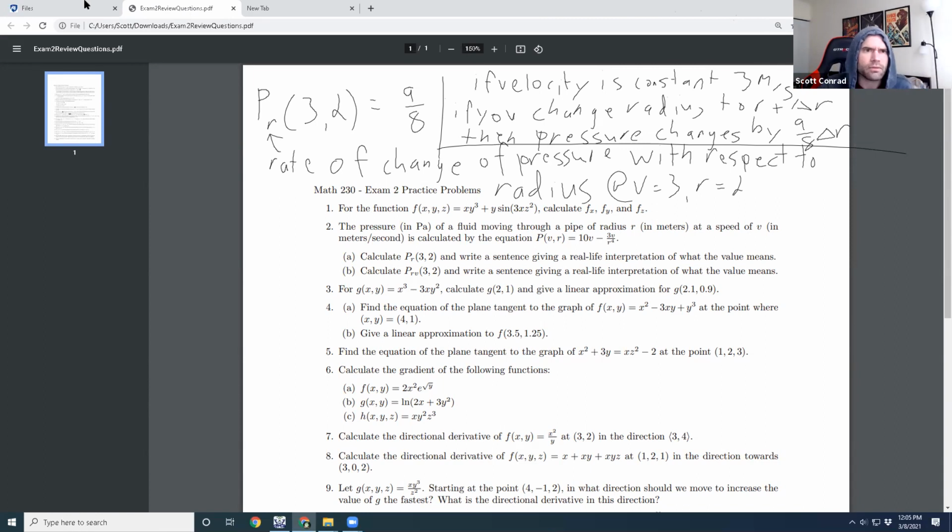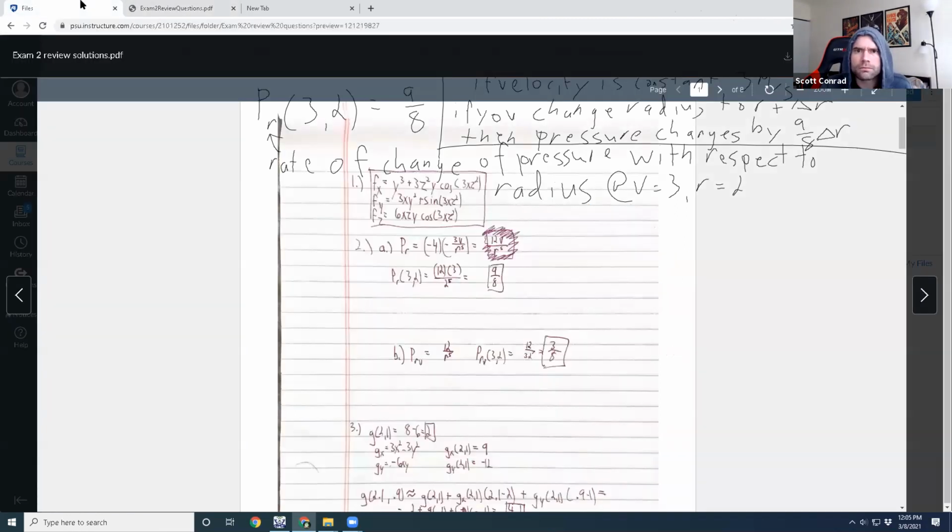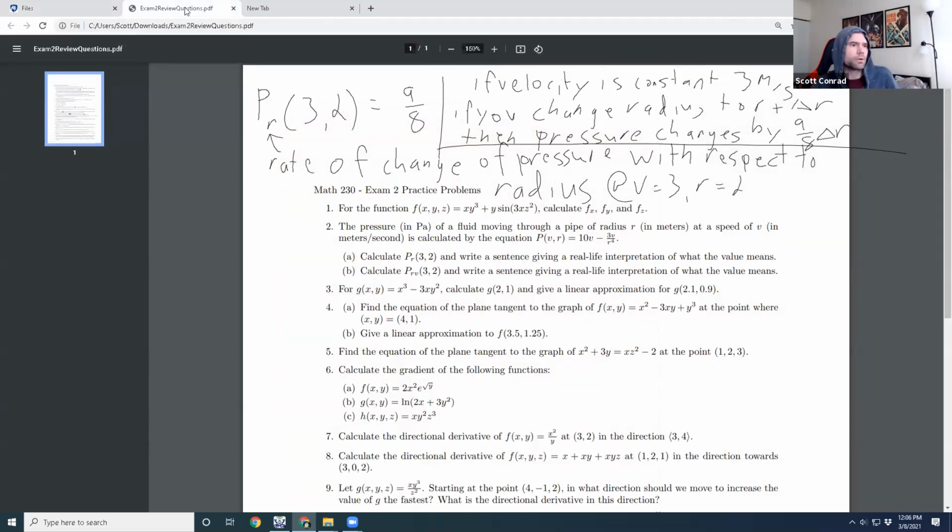Wait, did I get 9/8 or negative 9/8? Nope, that's right. Okay. And so that's kind of in words what the rate of change is telling you.